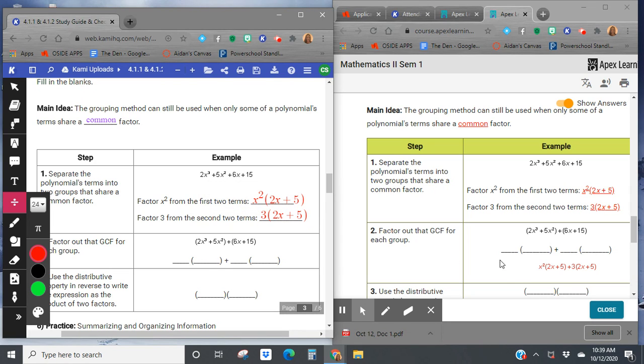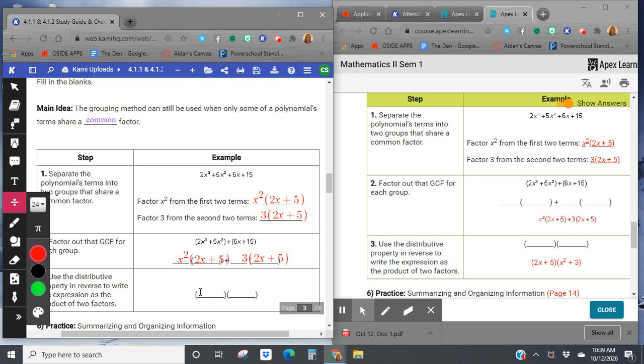So factoring out the greatest common factor from each group. So if here there's an x squared times 2x plus 5, and if here there's a 3 times 2x plus 5, you'll notice the 2x plus 5 is in common.